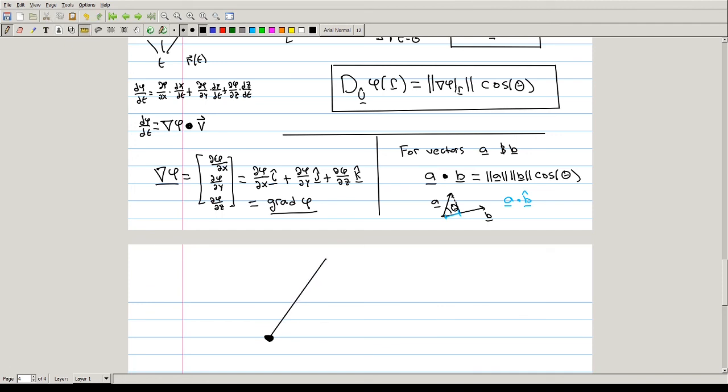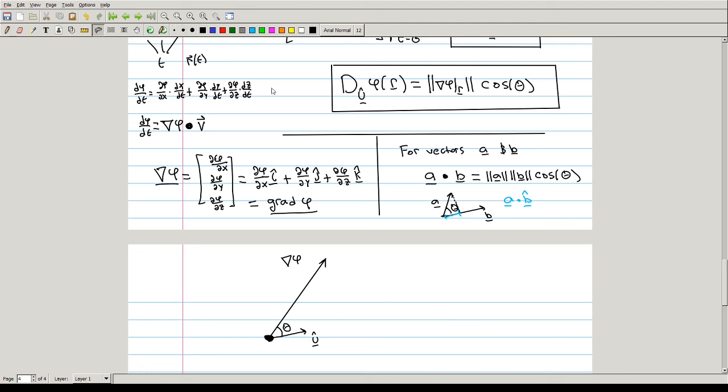We can see that by doing a sample, say this is the gradient vector for some function phi. And suppose that we have a different unit vector u hat, and the gradient of phi makes a certain angle with u hat.